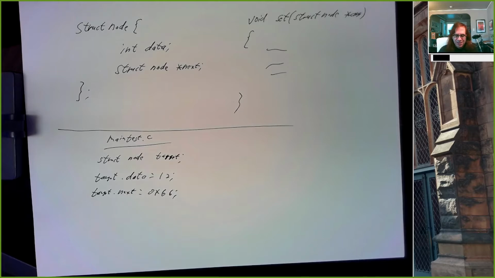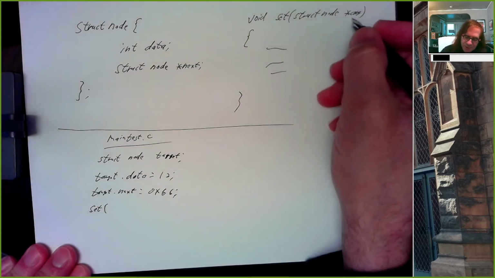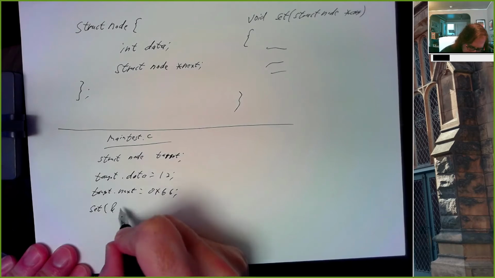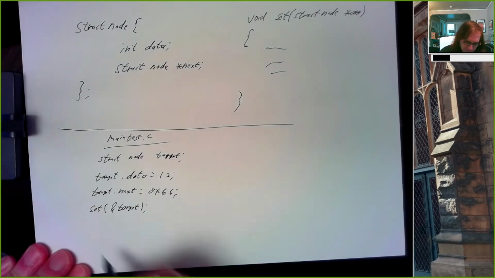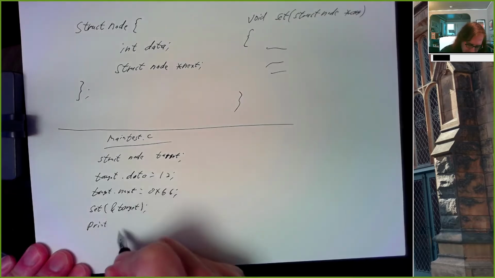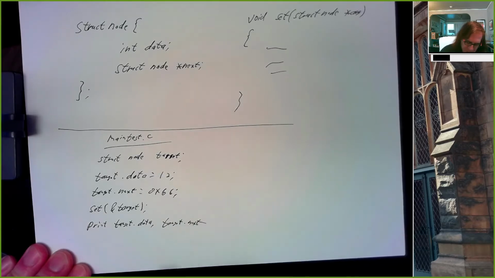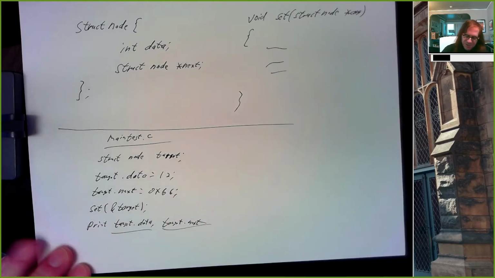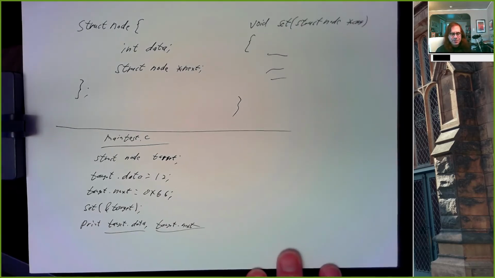Then call set and pass it a pointer to your target, and then print target.data and target.next. And make sure data in this case is 24 and target.next is 0, which is NULL.